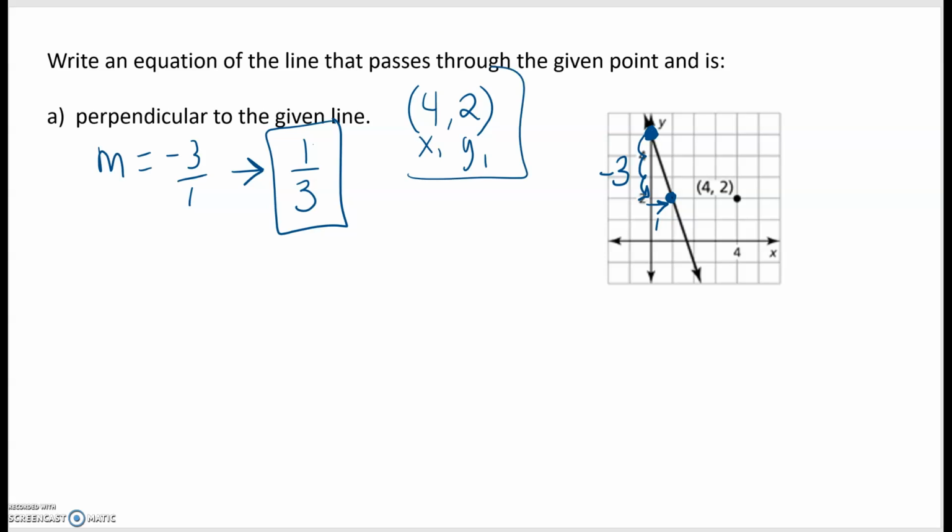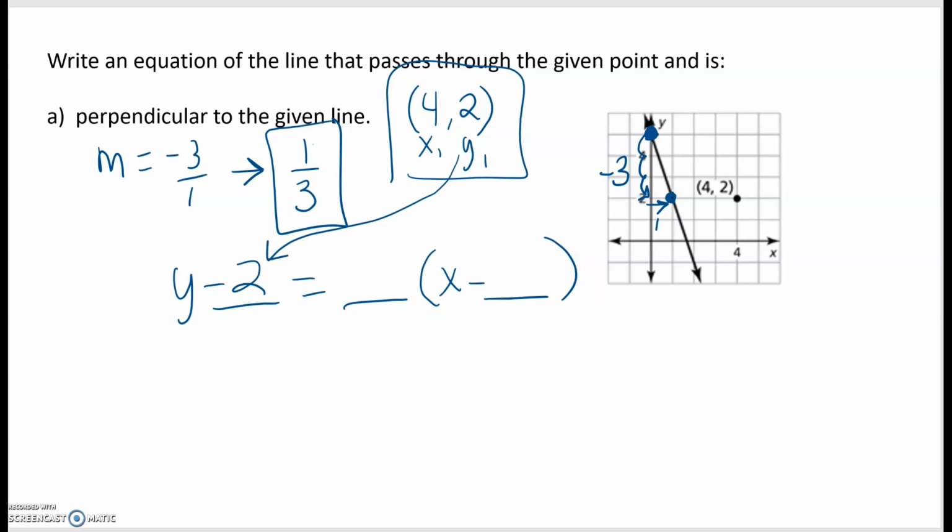Okay, here's my x1 and y1 from my point. So now let's plug it into our blanks. So y minus, here's my y1 I'm plugging in as 2, equals 1/3, that's the slope we just found, times x minus 4. Okay, and now we're going to simplify.